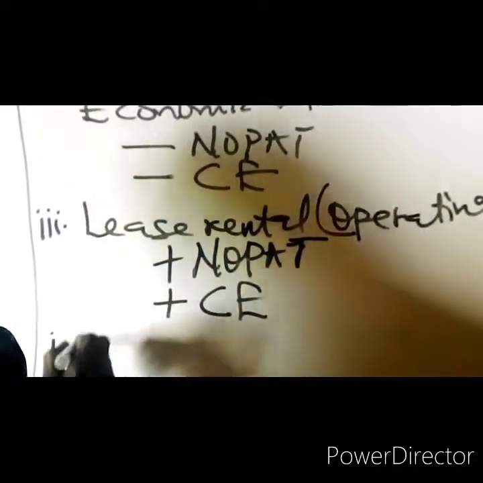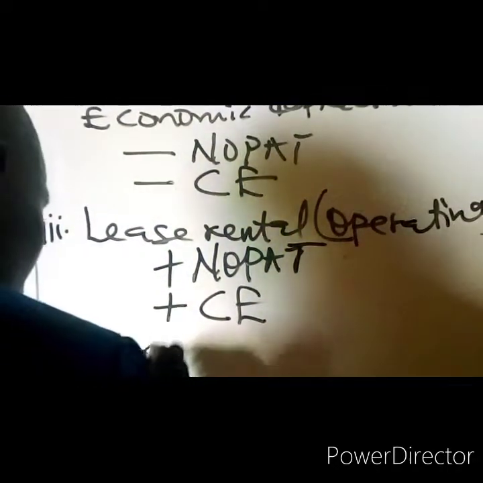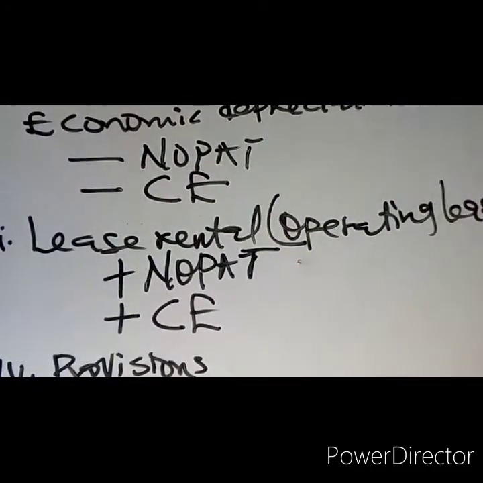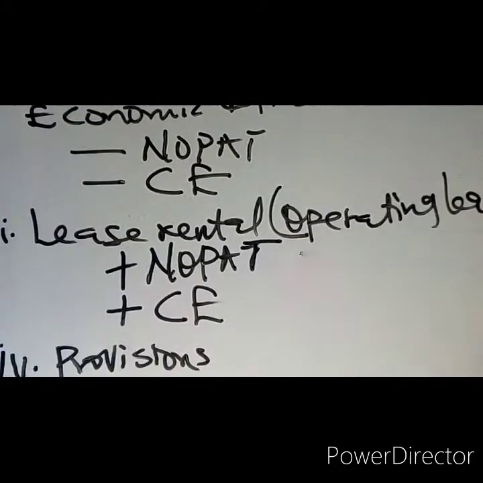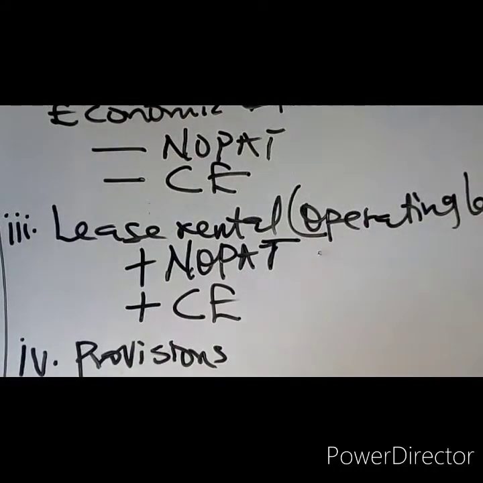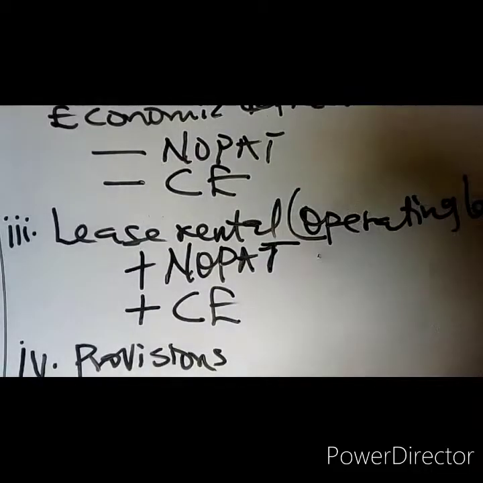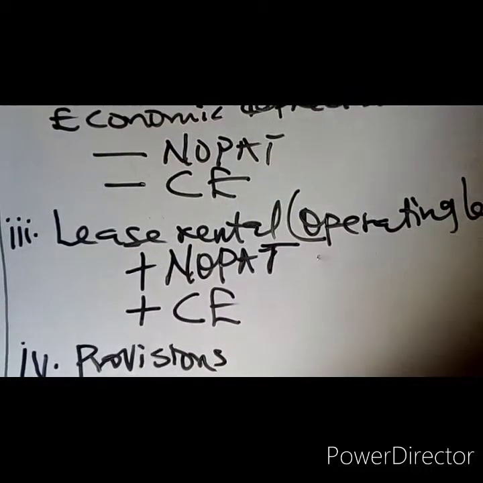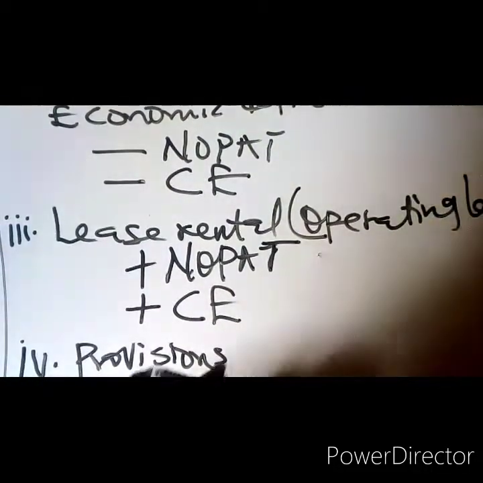Number 4, we have provisions, such as provisions for bad or doubtful debts. In the statement of profit or loss, we used to charge the increase in provision as an expense.